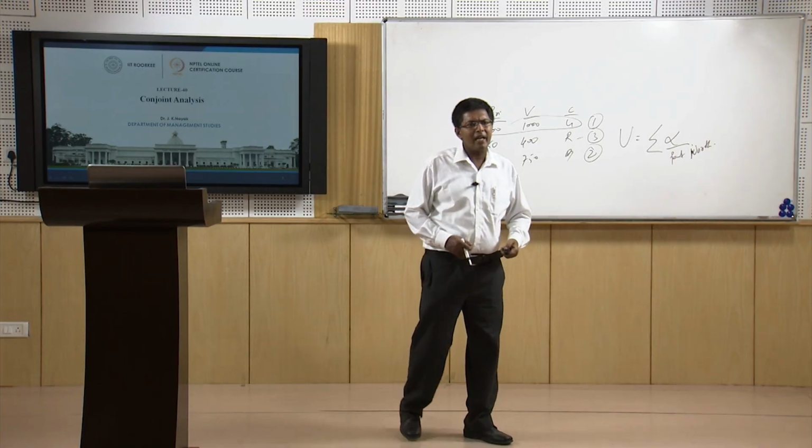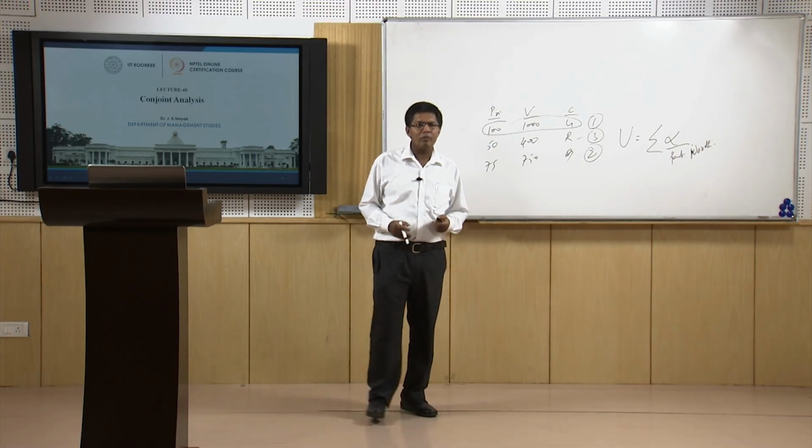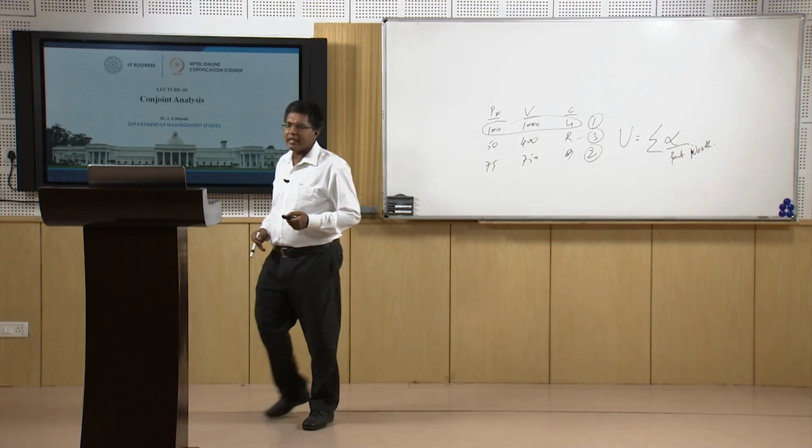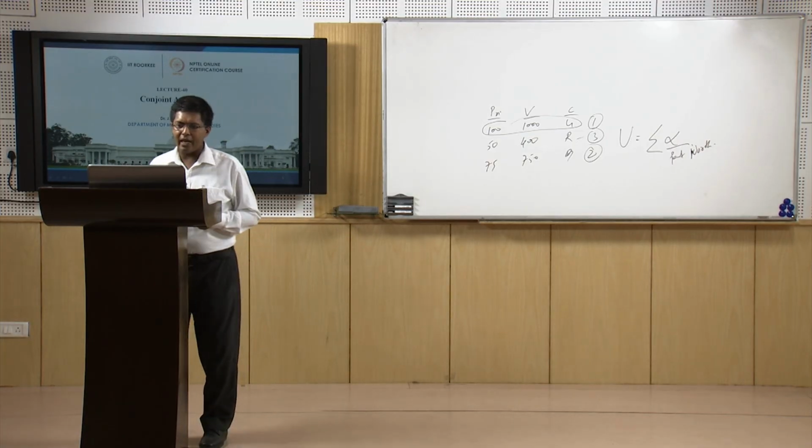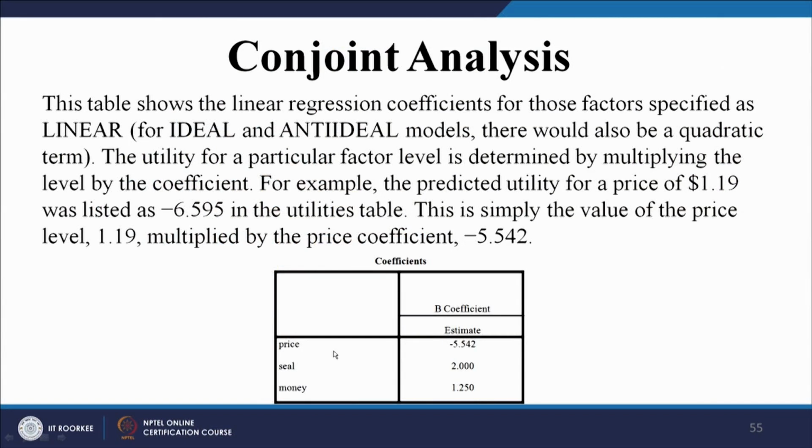So here the marketer can play with the consumer and his wants, and accordingly he can decide. This is the final beta coefficient: price minus 5.542, seal is 2, money is 1.25. These are the things that are very important in conjoint analysis.